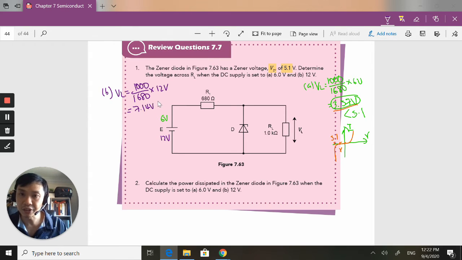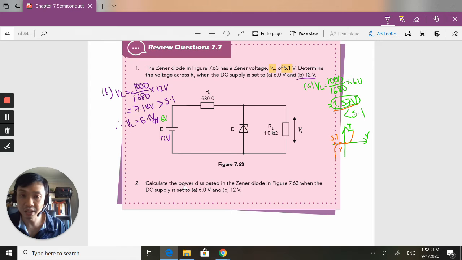Now this is greater than my zener voltage of 5.1. Therefore, VL will be held at 5.1 volts. So that's the answer for part B. If it's greater, it will be held at the zener voltage of 5.1.